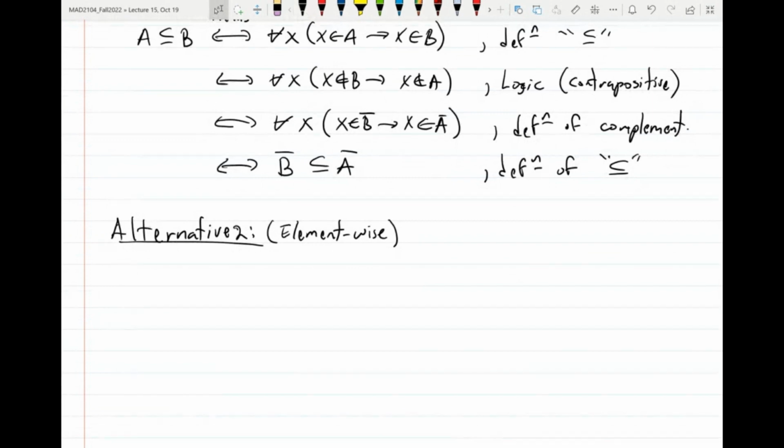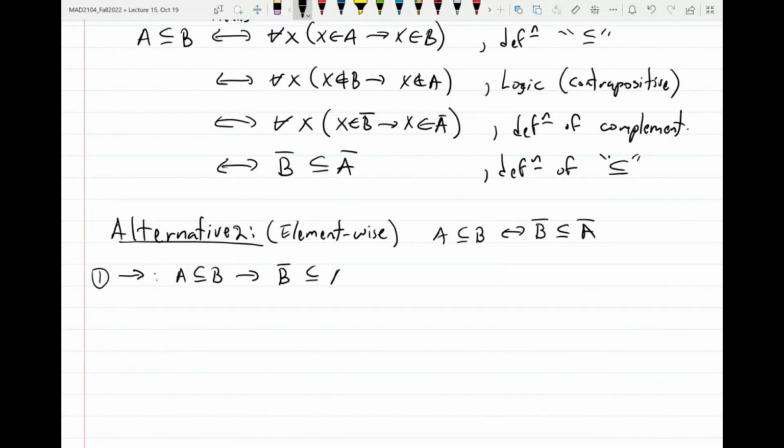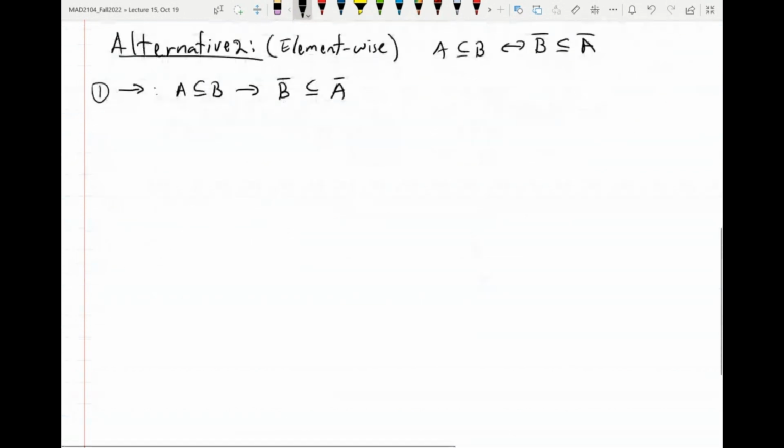If I want to do element-wise, I want to prove an if and only if statement, right? The statement is A is a subset of B if and only if B complement is a subset of A complement. That means we need to prove two things. First, we need to show that A subset of B implies that B complement is a subset of A complement.